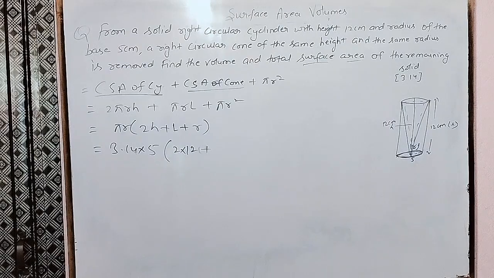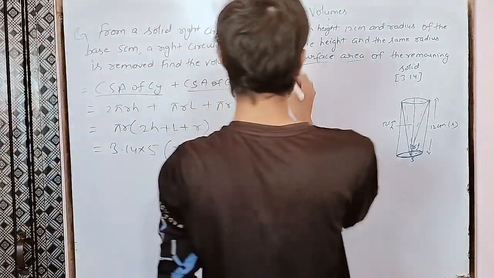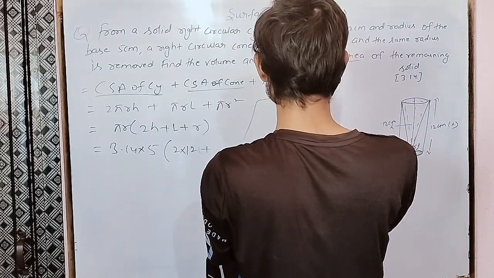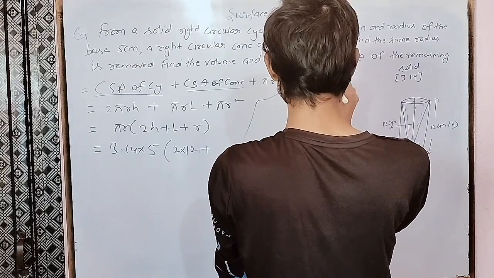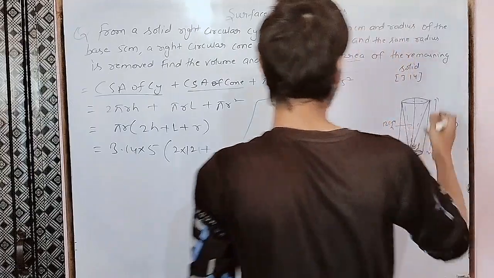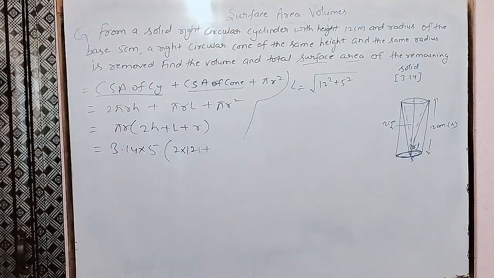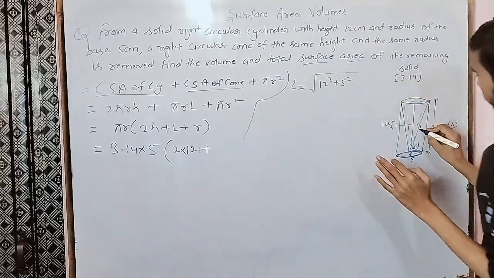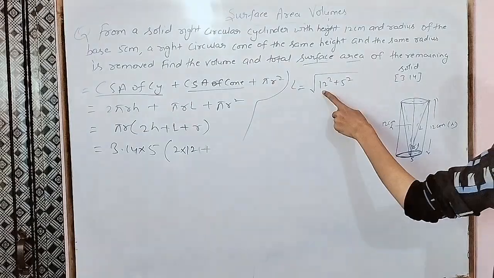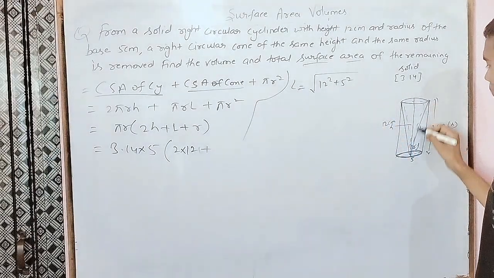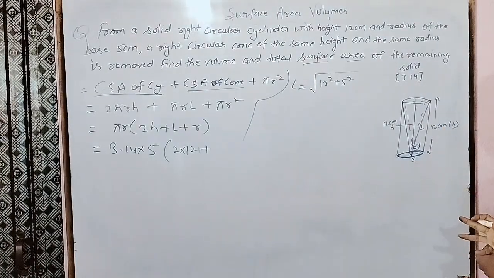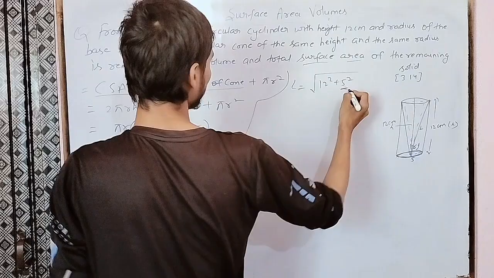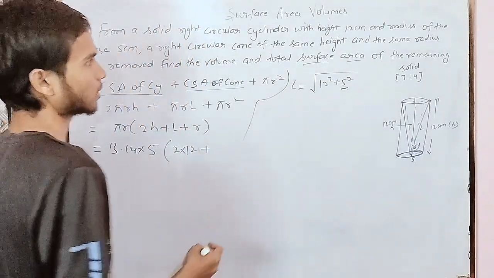To find L, here L is just the hypotenuse. 12 is the perpendicular, and 5 is the base.